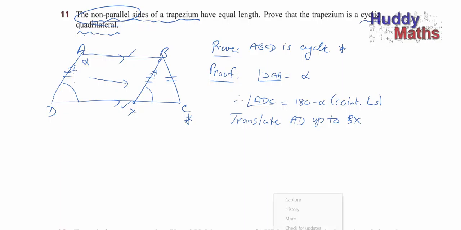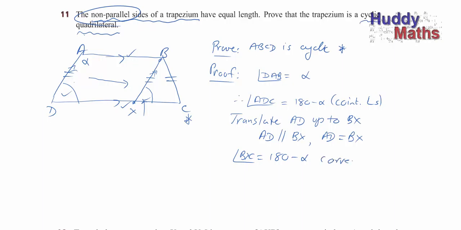So translated, AD will be now parallel to BX, and AD will equal BX. So what can we say? Well, angle BXC is going to be equal to 180 take alpha, equal to this one here. That's basically what we're saying here: corresponding angles up there.